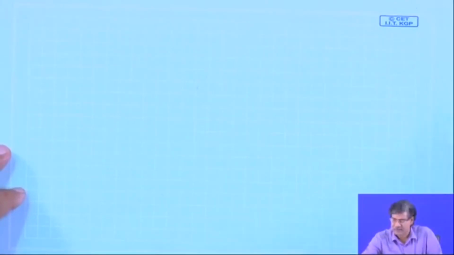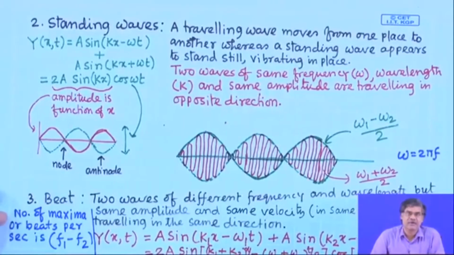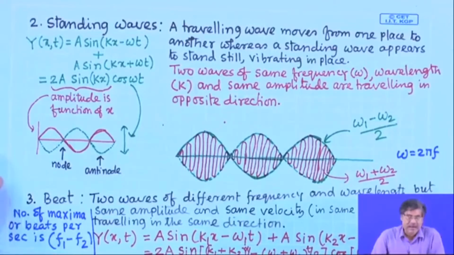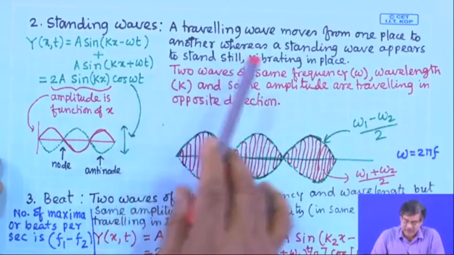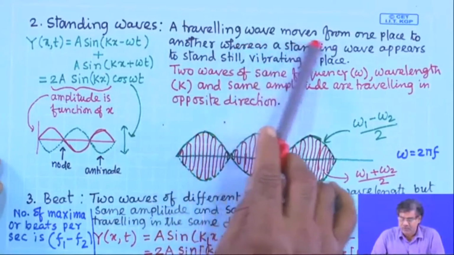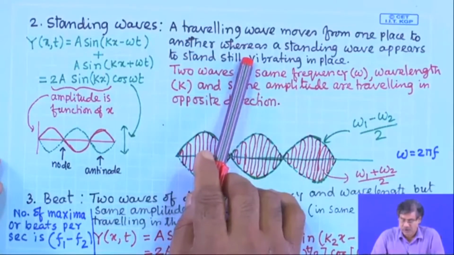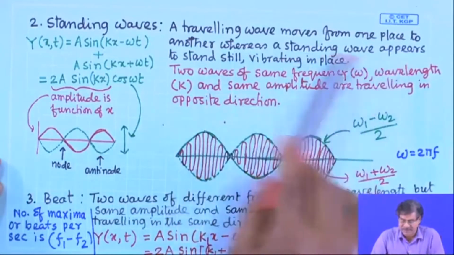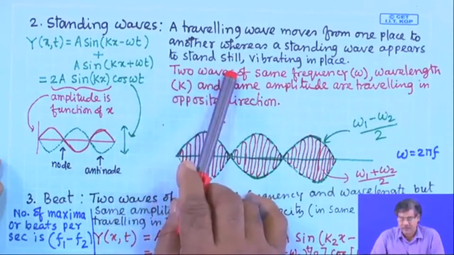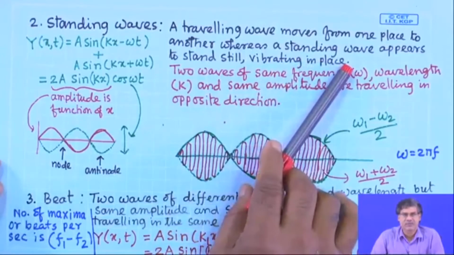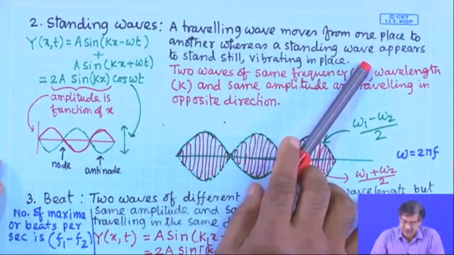Another phenomenon that we see from the superposition of waves is standing wave formation. A travelling wave moves from one place to another, whereas a standing wave appears to stand still, vibrating in place.